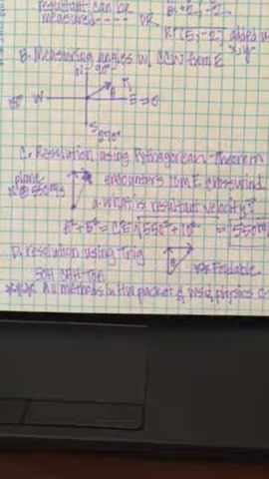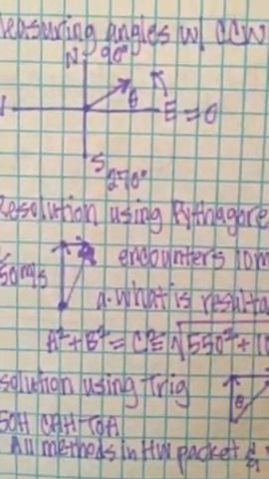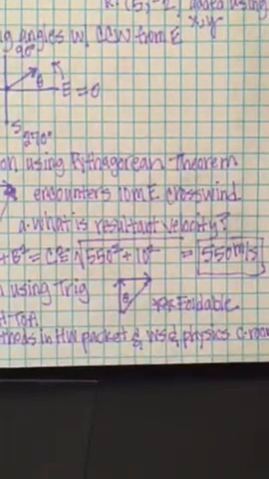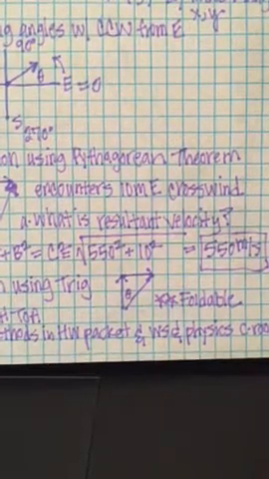If we have a plane that's traveling north at 550 meters per second, which you see there's the arrow going north, and then it encounters a 10 meter east crosswind, and that should be meters per second, by the way. So I'll update that in the picture of the notes on Edmodo.